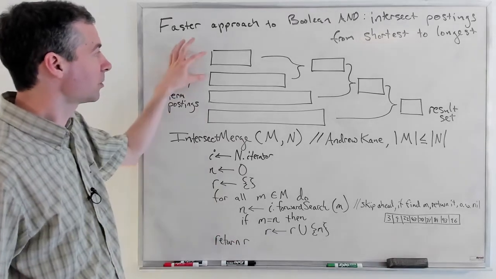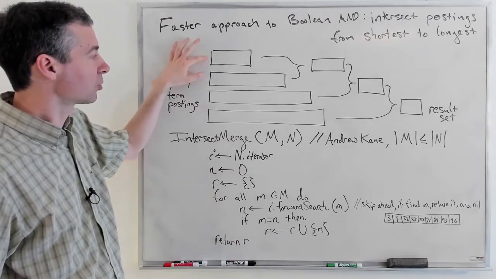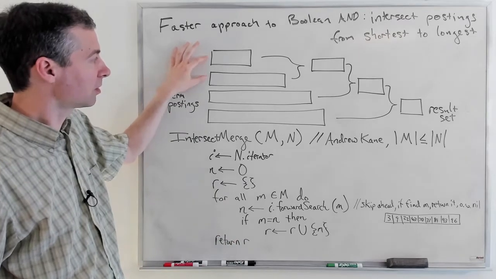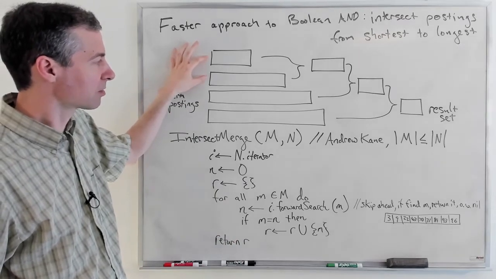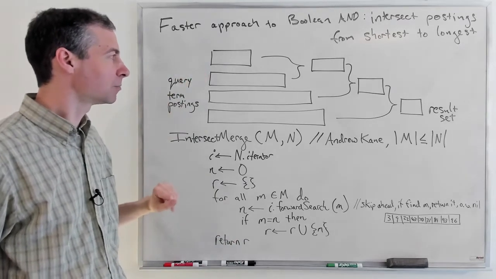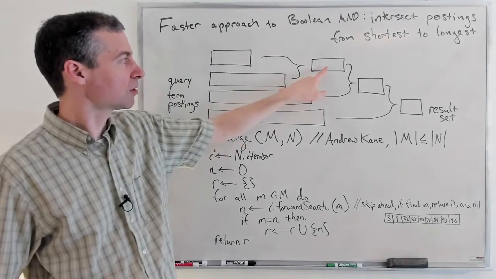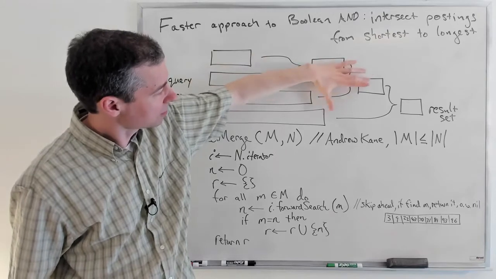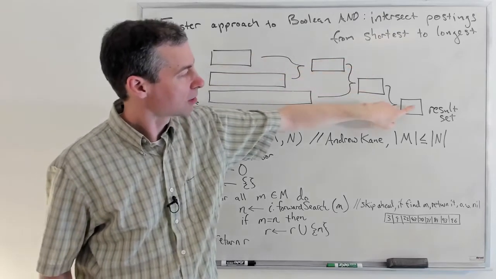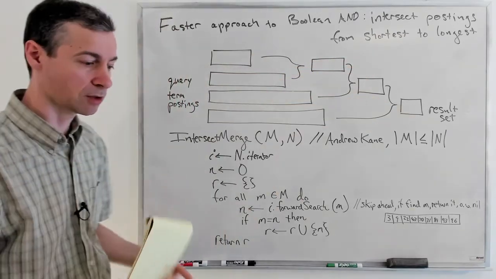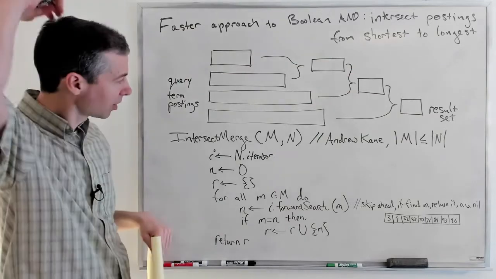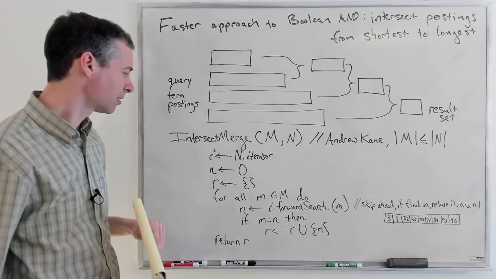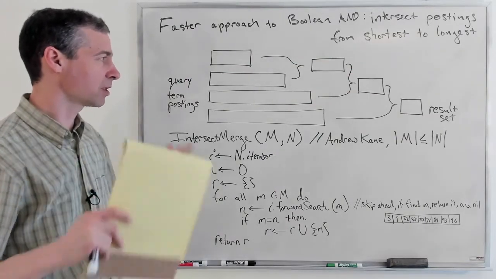And so we intersect the shortest one with the next one that's longer in length. And we're going to get some result set here. Then we intersect those to get this result set that we intersect together here to give us our final result. And so it just keeps going and going and going. So that's a nice way to see it.